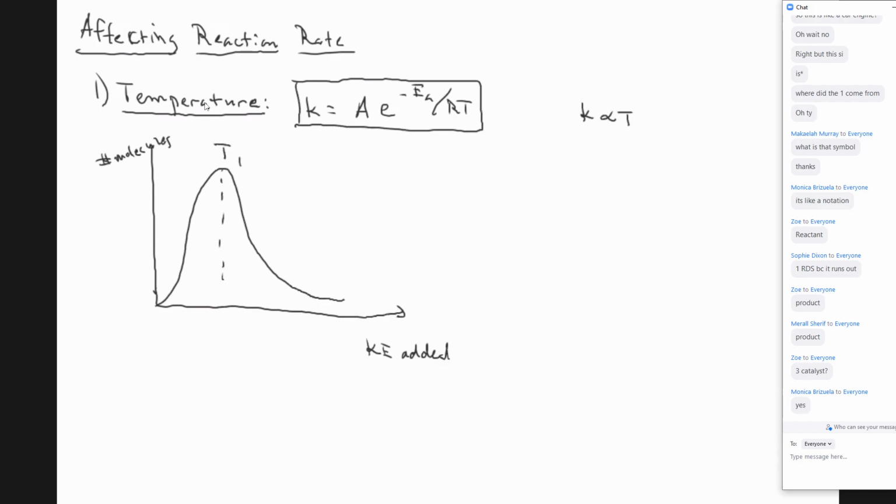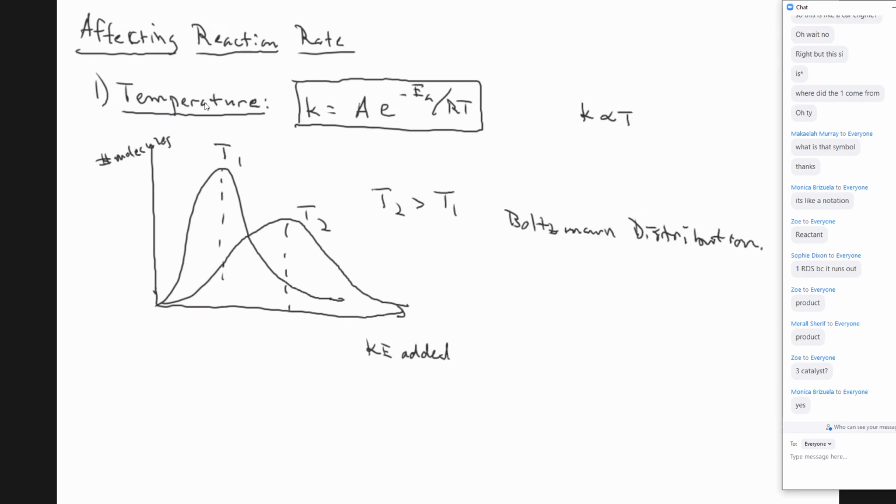And if you get a higher temperature, there's fewer molecules, but more of them are at a higher energy. This is T2, and we know that T2 is greater than T1. This is called a Boltzmann distribution, to show you the number of molecules that you have when you heat up a system and how much energy is associated with it.